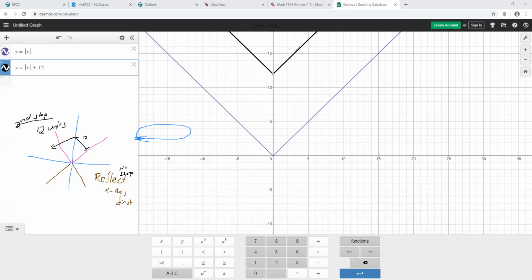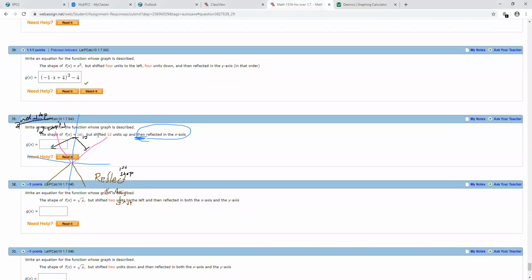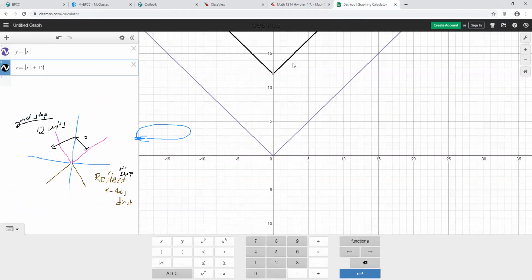Uh-huh. And then they tell us to do what? First shift it 12 up, and then do what? And then reflect it in the x-axis. Good. So if we do this reflection first and then move it up, we get this black graph on my scribble here. And that would be our final graph.